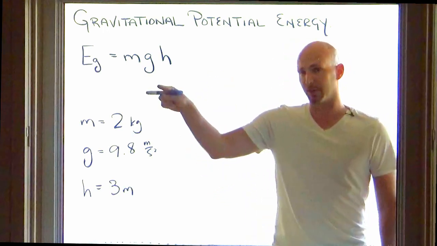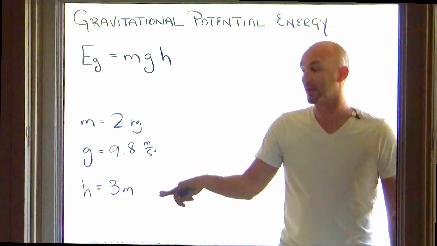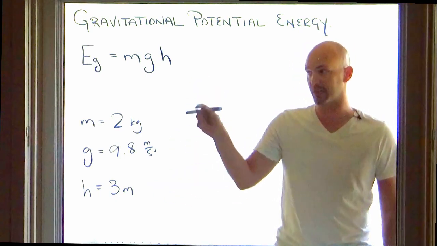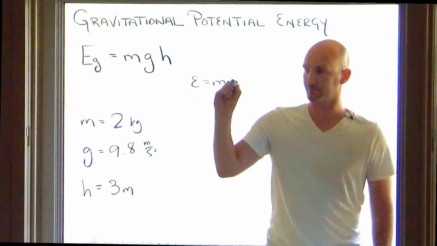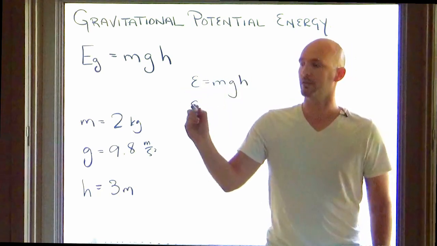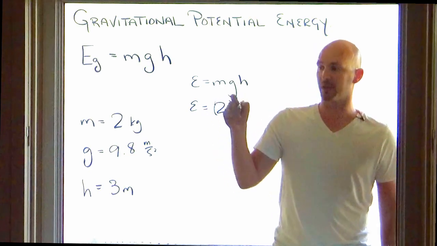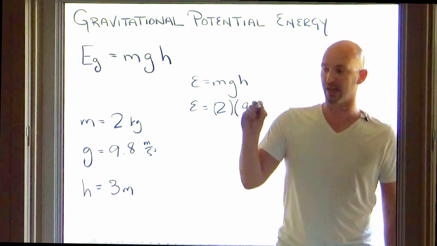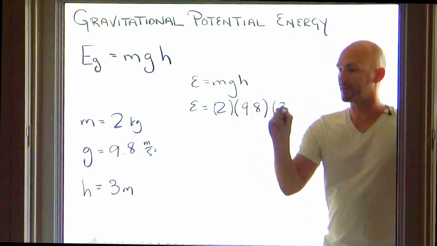So we're going to start with our equation here, and we're going to have to put in our mass, our acceleration due to gravity, and our height into this particular formula. So if we start with the equation, and we have a mass of 2 kilograms, multiplied by an acceleration of 9.8, raised to a height of 3 meters.